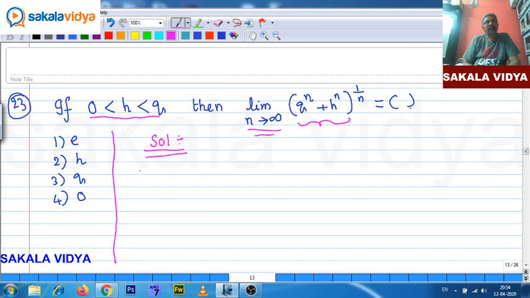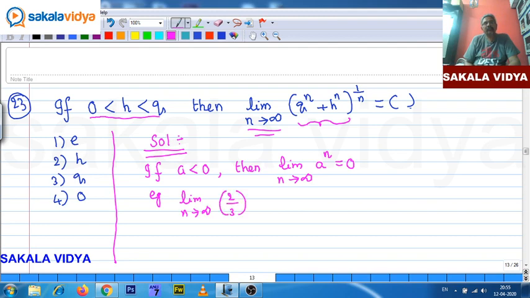For example, you see, if a is less than 1 in absolute value, then limit n tends to infinity, this a to the power of n becomes 0. For example, limit n tends to infinity, 2 by 3 whole to the power of n is there. 2 by 3 will be absolutely less than 1.